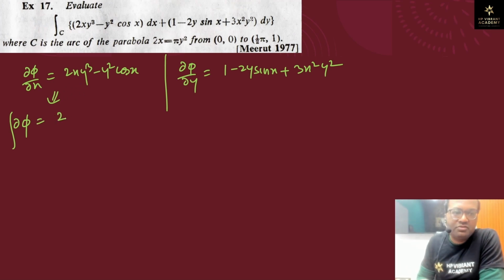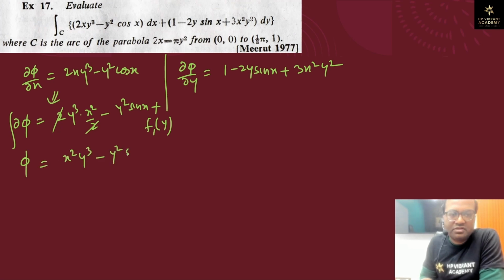So this will be equal to 2y cube into x square by 2 minus y square sin x, integration of cos x with respect to x being sin x, plus a constant of integration. Since we are integrating with respect to x, the constant of integration is a function of y. So we have the value of phi as x square y cube minus y square sin x plus f1(y).